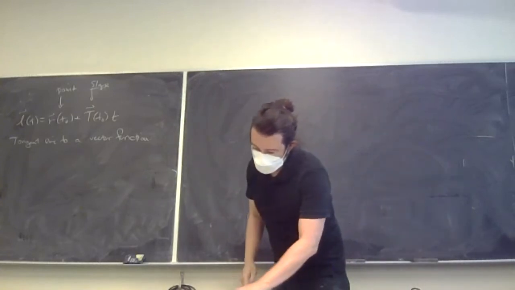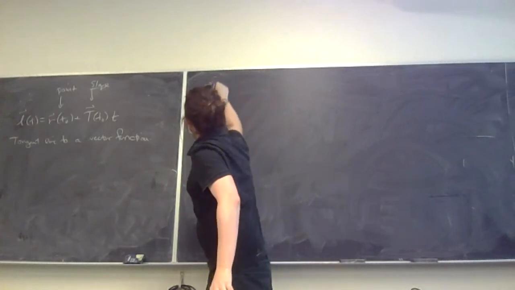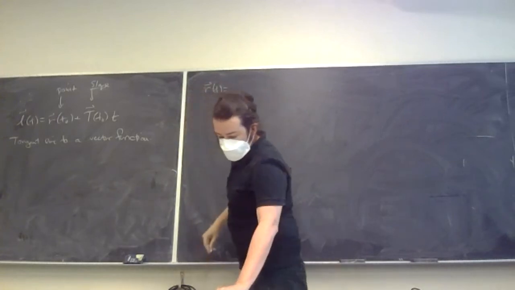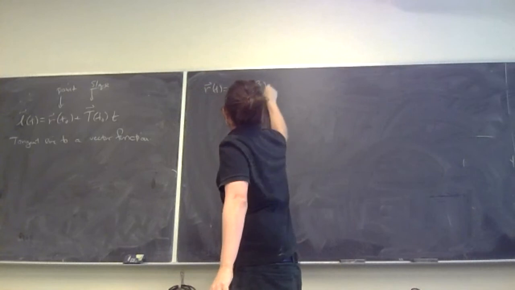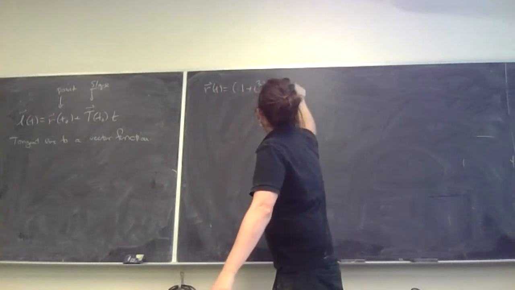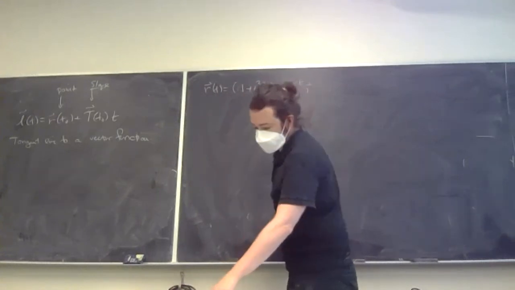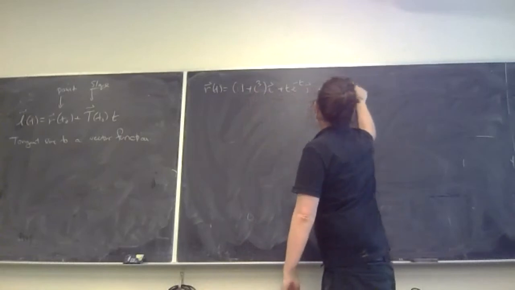Okay, so let's actually do one. An example here: r of t is equal to (1 plus t cubed) i plus t e to the minus t j plus sine of 2t k.